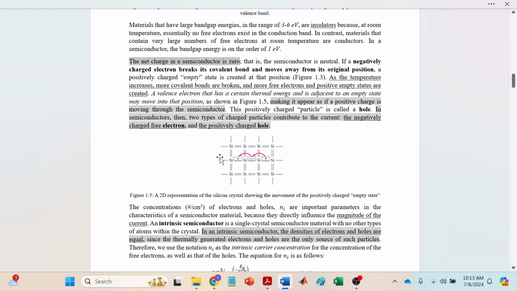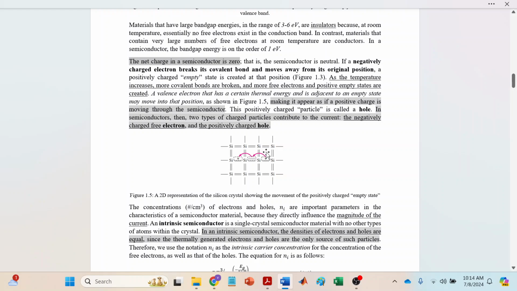In semiconductors, we have two types of charge carriers that contribute to the current: the negatively charged electrons and the positively charged holes. Remember that the objective of this class is to understand the two different types of charge carriers that exist in a semiconductor.